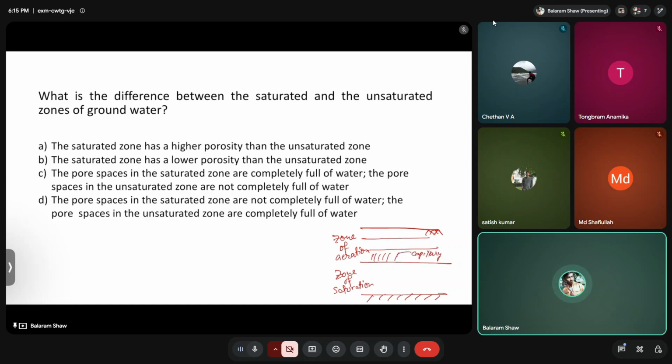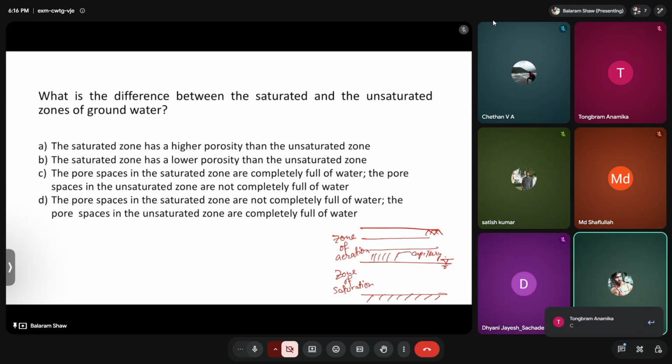Due to the capillary fringe, there will be a capillary layer, right? And this one will be the zone of saturation, and here we will have the water table. Can you give me the correct option for this? What do you think? What will be the answer? C. Okay. Anyone else? C. Okay.